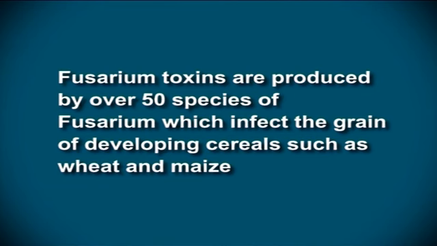Although patulin has not been shown to be a carcinogen, it has been reported to damage the immune system in animals. Fusarium toxins are produced by over 50 species of Fusarium, which infect the grain of developing cereals such as wheat and maize.